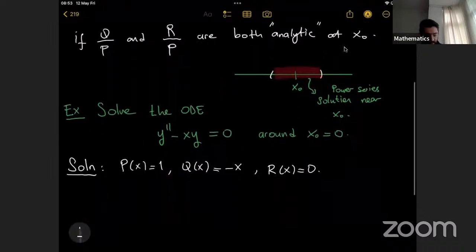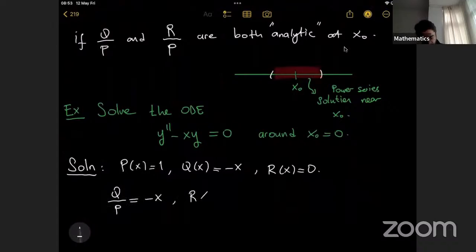So we will look at q over p and r over p. q over p is basically minus x, and r over p is 0. And they are both analytic, right? Because x is a polynomial, minus x is a polynomial, 0 is a constant function, and we know that these are analytic functions everywhere.